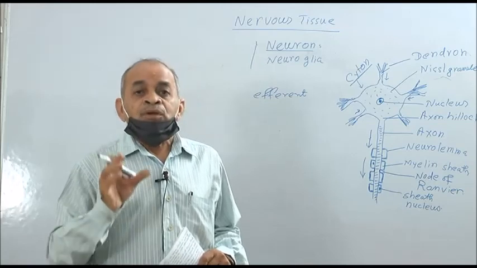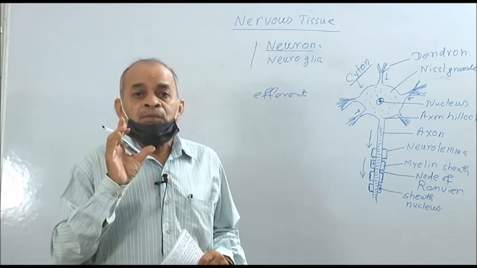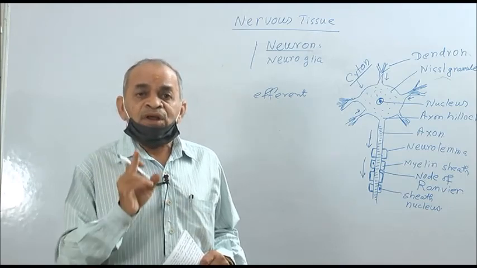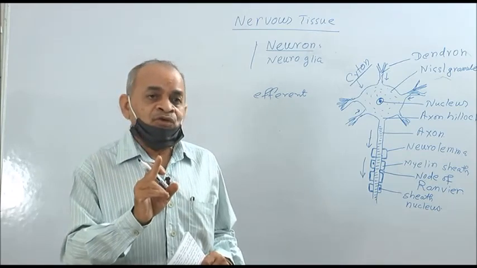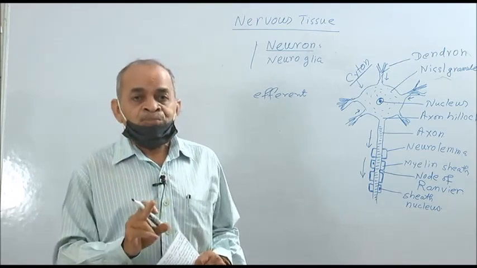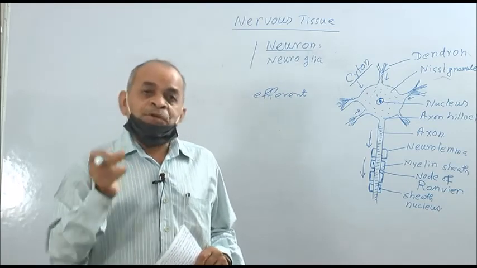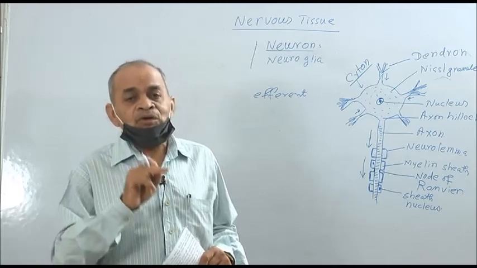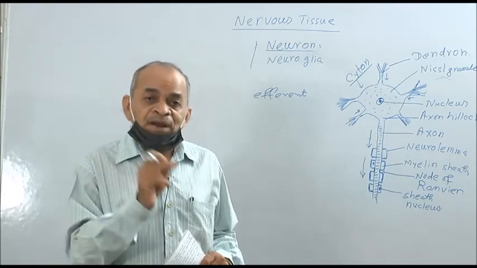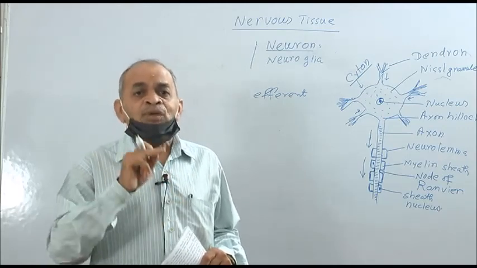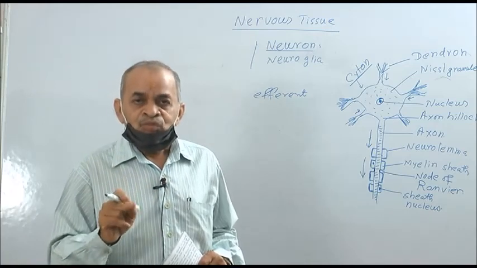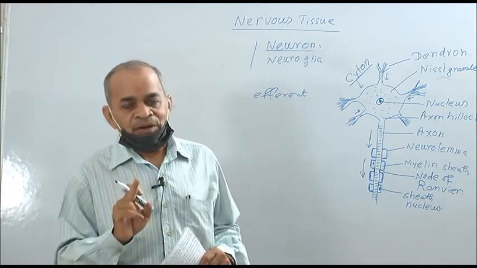That means, if in a neuron only one fiber is present, that is the axon. If two are present, one axon, one dendron. If three are present, one axon, two dendrons. If 10 are present, one axon and 9 dendrons. So, it is single and constant.